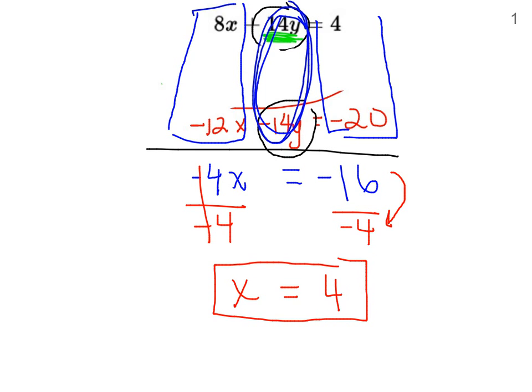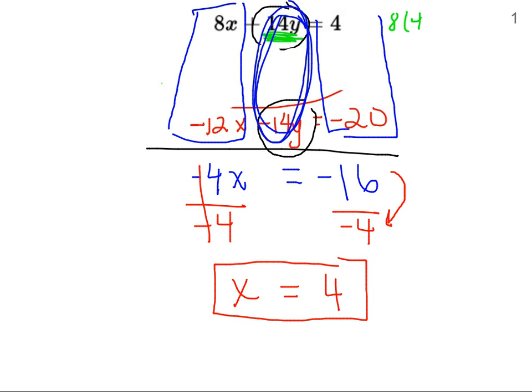Now from here we also have to figure out y. So let's go back into this equation here that I didn't erase, and instead of 8x plus 14y, I can say 8 times 4, because I figured out x is 4. It's not a mystery anymore. So we have 8 times 4 plus 14y equals 4. 8 times 4 is 32, so we have 32 plus 14y equals 4.